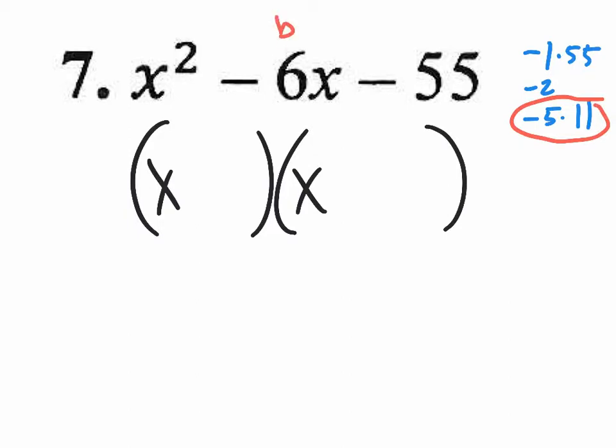And the b value is 6, but it's not just 6, it's negative 6. So I have the right numbers, I just have the wrong signs, so change them. Instead of a minus 5, make it a plus 5. Instead of a positive 11, make it a negative 11. So those are the right pair of numbers. Let's put the plus 5 right in here and the minus 11 right in there. And that's it. What do you think?